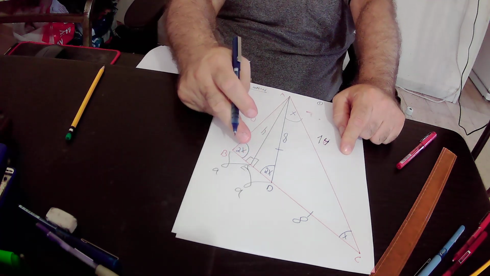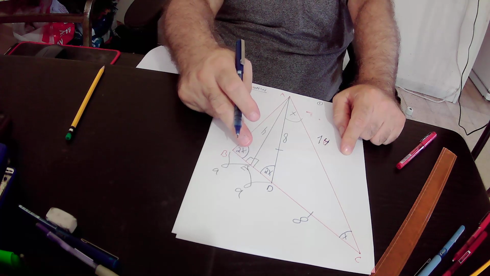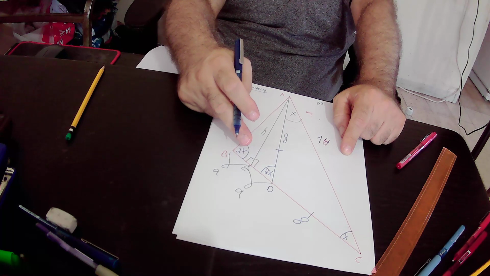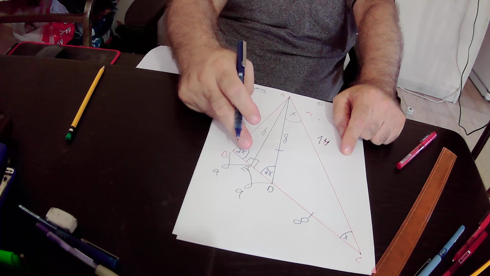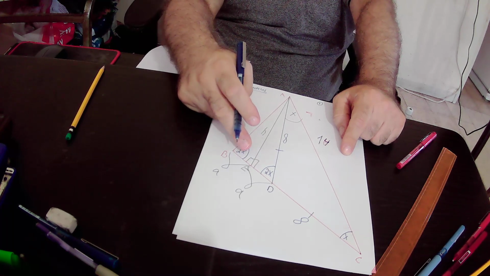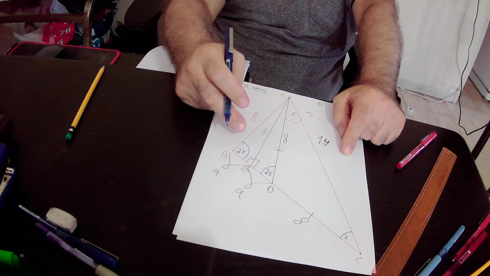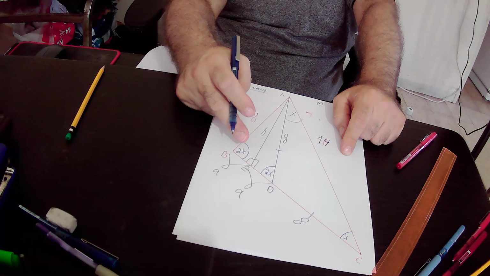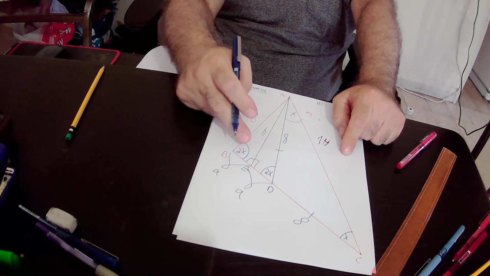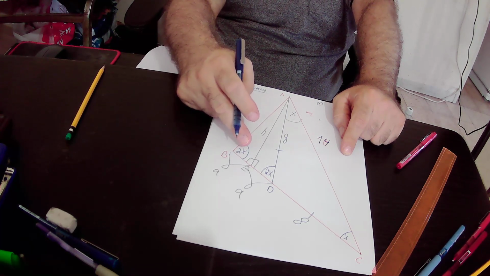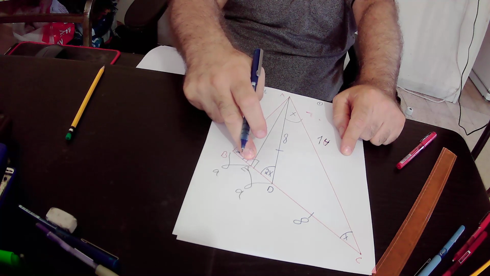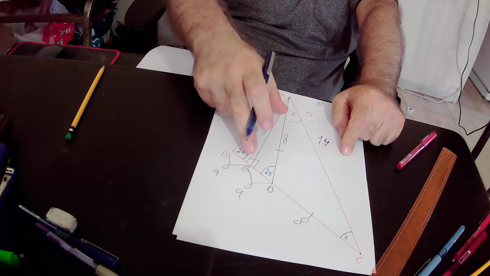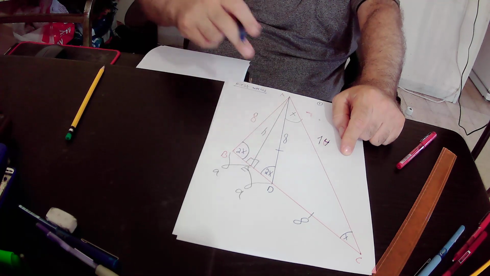So if one of the triangle's angles is 90 degrees, then triangle ABE is a right triangle, because it has one angle that equals 90 degrees.